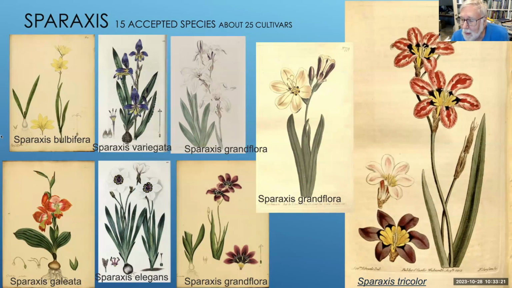And I believe it's Sparaxis villosa on the right. It's covered up by, unfortunately, the screen is not showing exactly the same as what I see when I created this, but that's more like what the cultivated plants look like for the most part. Okay, next slide.